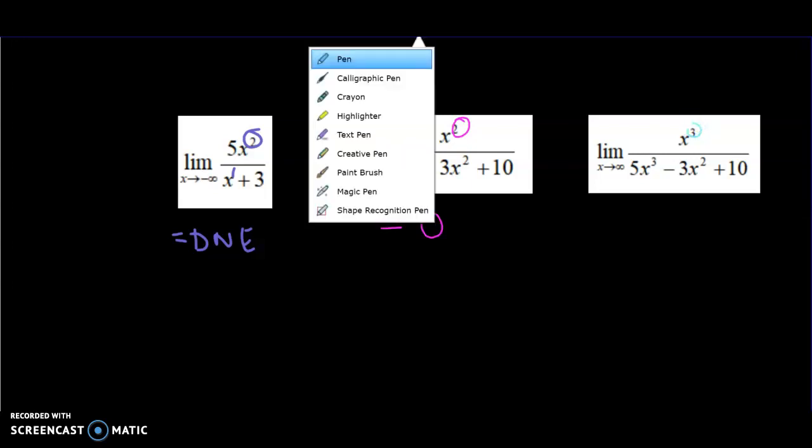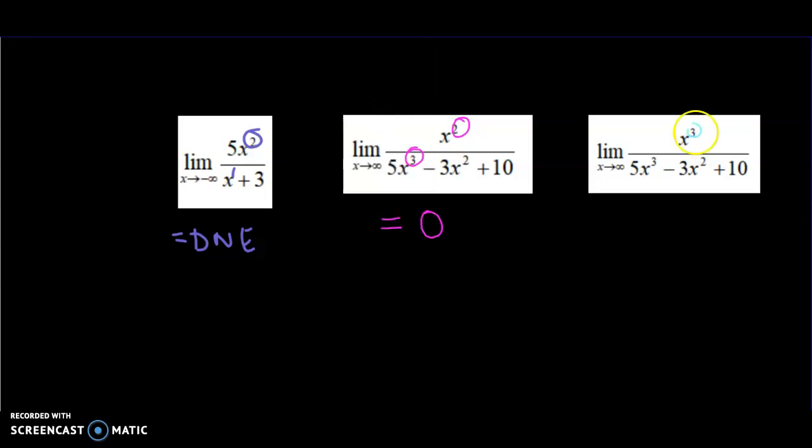I have 3 for this one. And I have 3. They are the same. So now we're just going to look at the coefficients. And what we mean by the coefficients, x cubed, the coefficient of x cubed is 1, right? So I have 1 over, and the coefficient of x cubed in the denominator is 5. So my limit is 1/5.